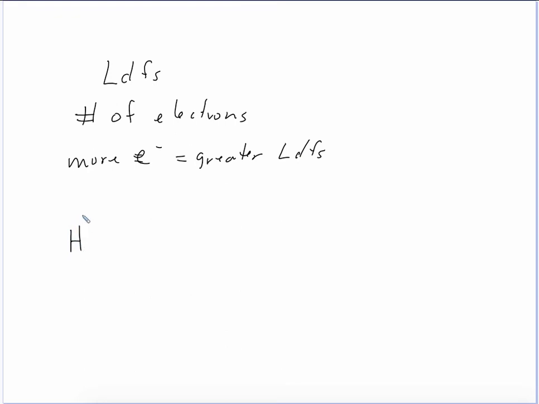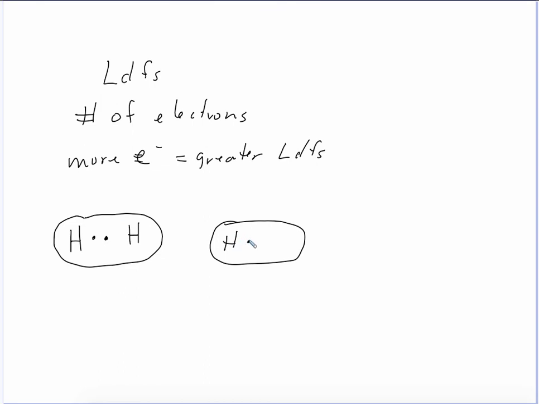All right, now let me just explain that. So let's say we have a hydrogen, and here's a hydrogen bonded to another hydrogen. Now they share 2 electrons. Okay, and here's another hydrogen bonded to another hydrogen.